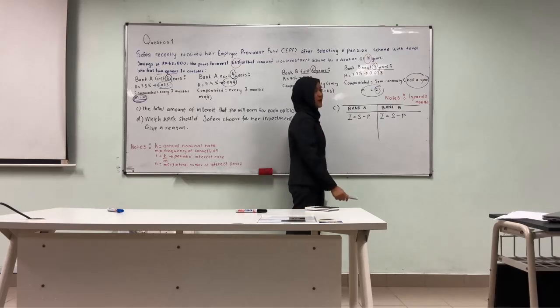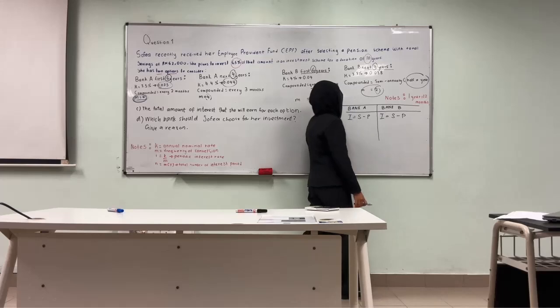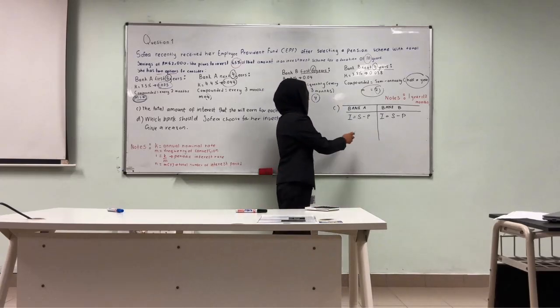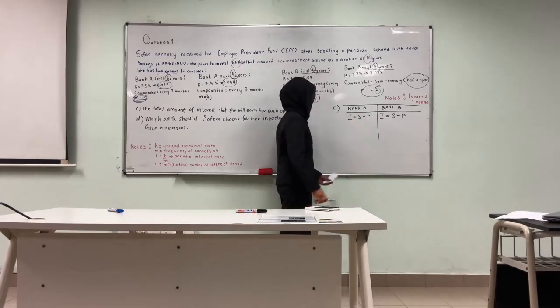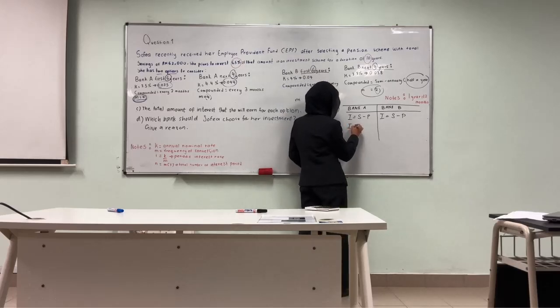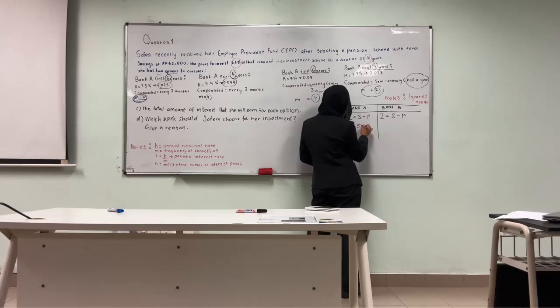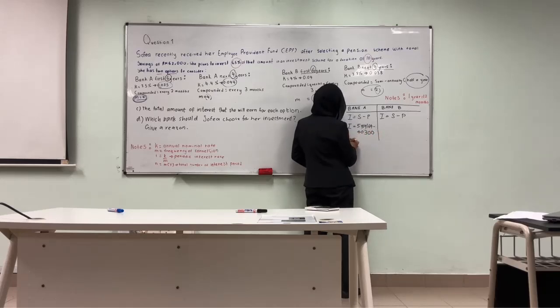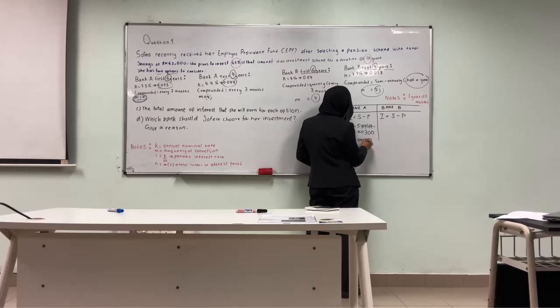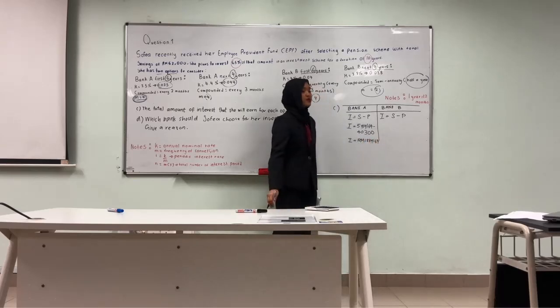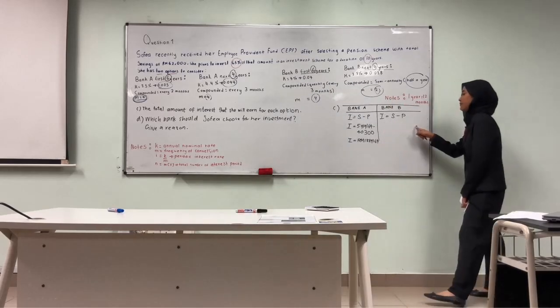So we are going to solve this question by calculating for bank A and also bank B. In this question, we will use the formula I equals S minus P. So I equals S, which is 59,191.64 minus 40,300. I is equal to RM 18,891.64.